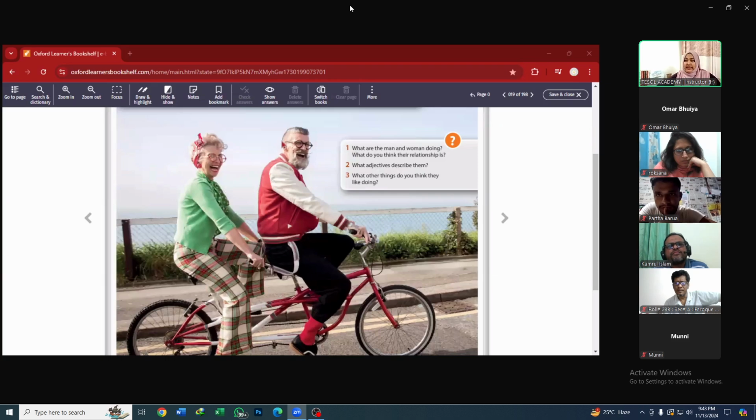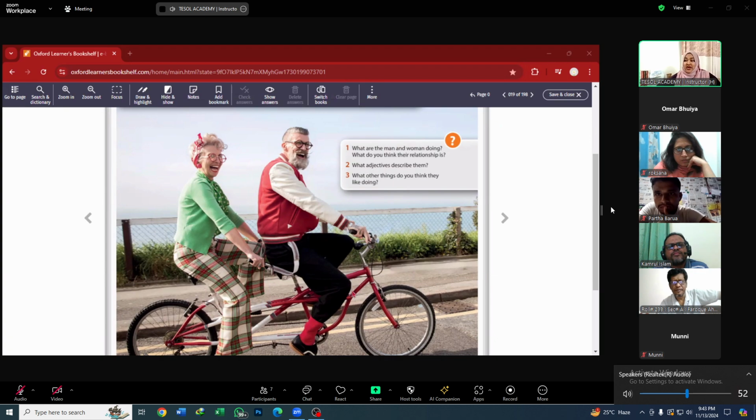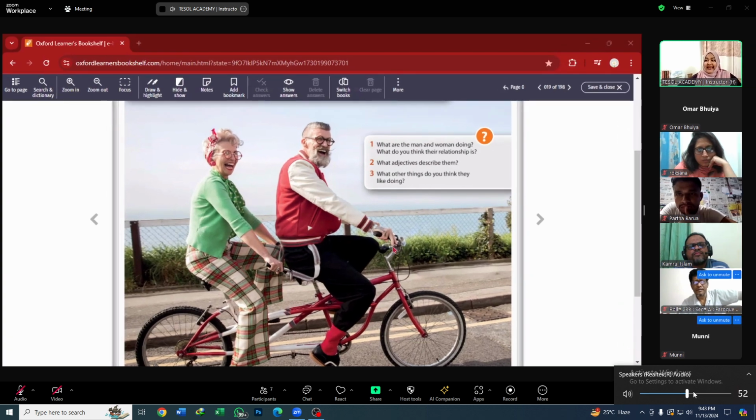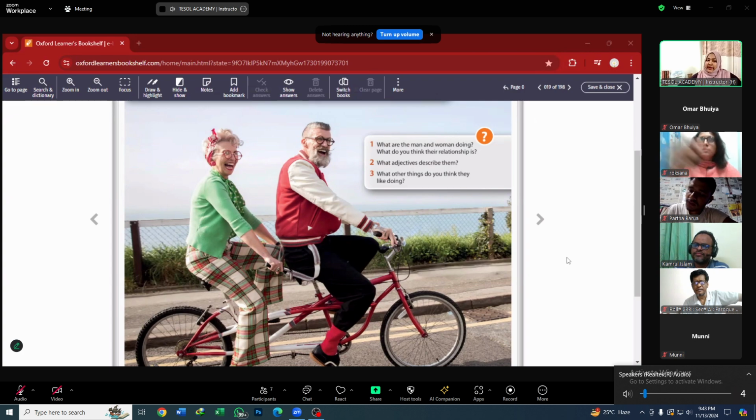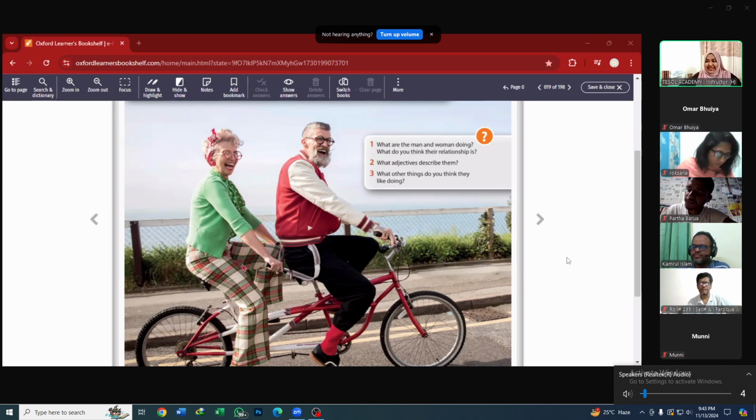So does any one of you know what this type of bicycle is called? Okay, anyone else? No. Okay, so this type of bicycle is called a tandem. Tandem. So this is not a very regular word that we use, but I'm just sharing it so that you can keep it in your knowledge.